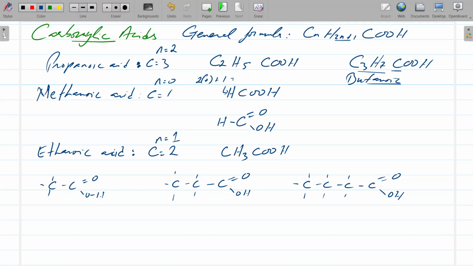Remember, we break it up into parts and we talk about each part. CH3, and then you write the functional group, COOH. So for methanoic and ethanoic, it's pretty simple.